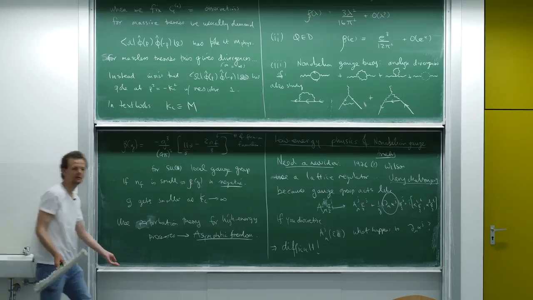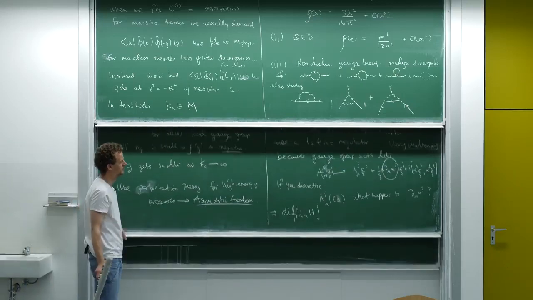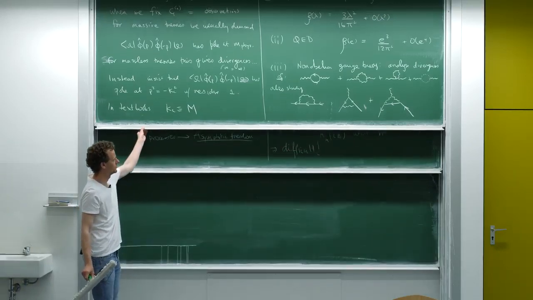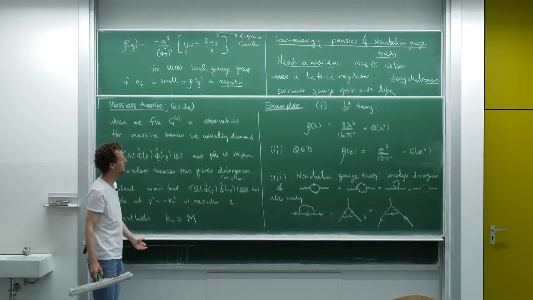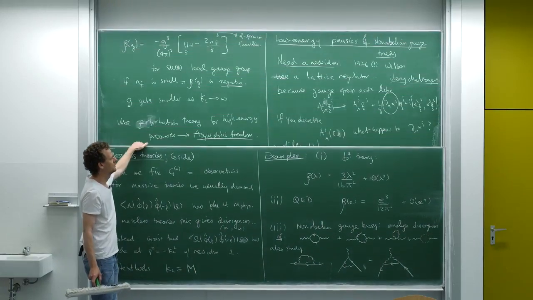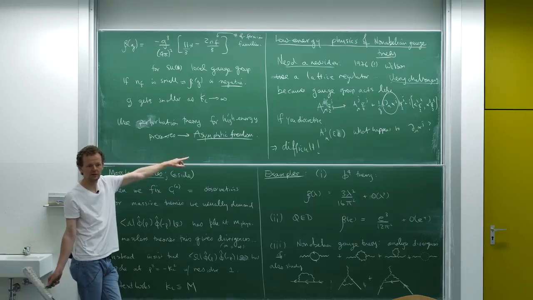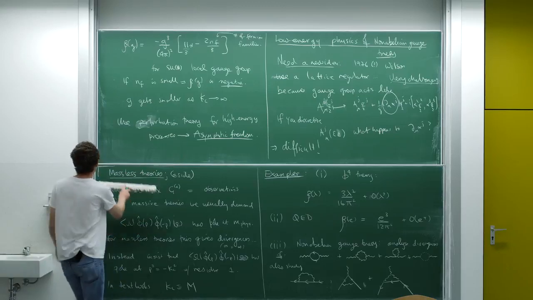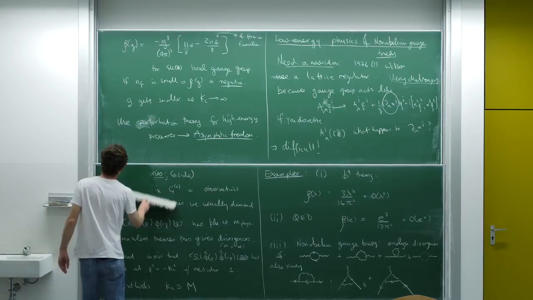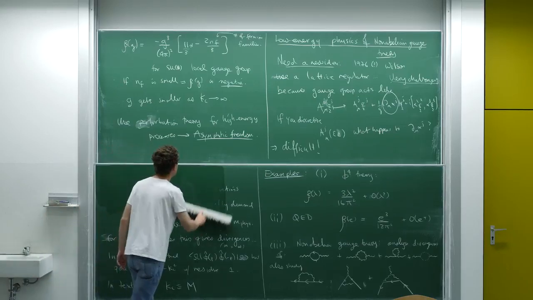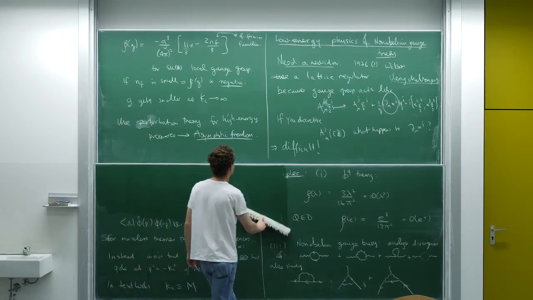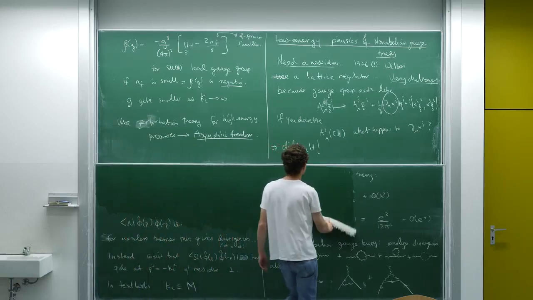So Wilson's idea, it's very beautiful. Wilson's idea is to say, well, the actual things that we really cared about wasn't A anyway. The things we cared about are parallel transporters. These parallel transporters, they're the things that allow us to define derivatives.